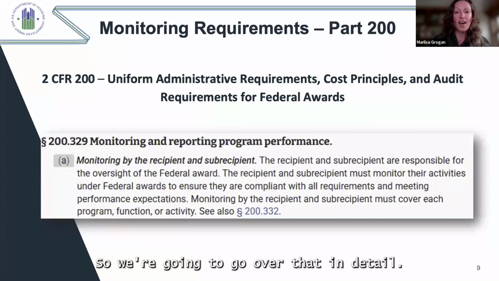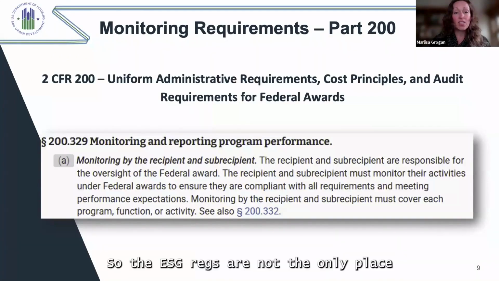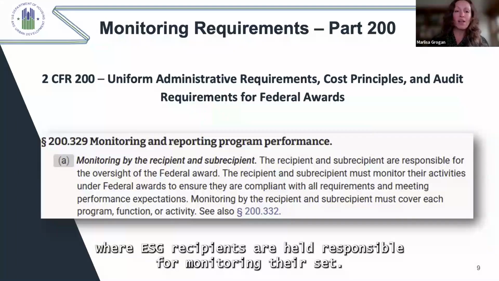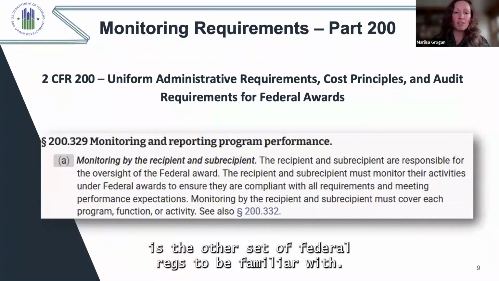So we're going to go over that in detail. So the ESG regs are not the only place where ESG recipients are held responsible for monitoring their subs. The Uniform Administrative Requirements, 2 CFR Part 200, is the other set of federal regs to be familiar with.